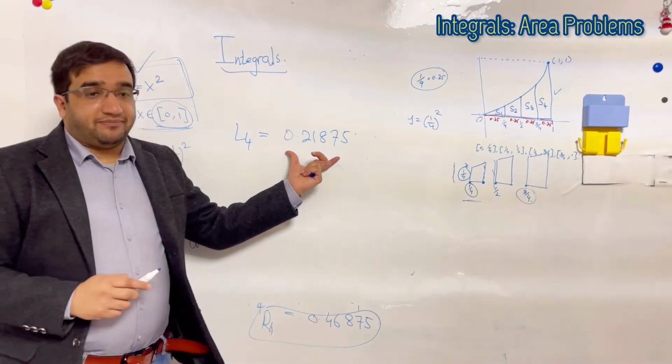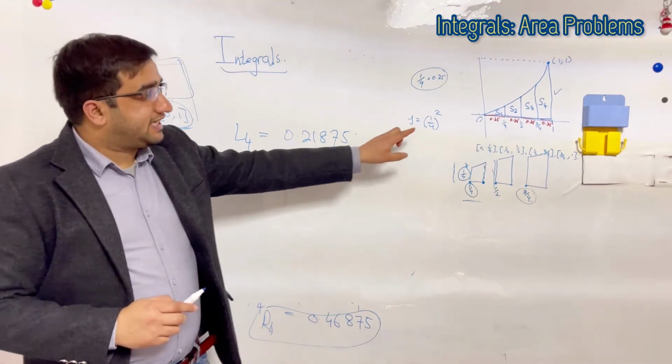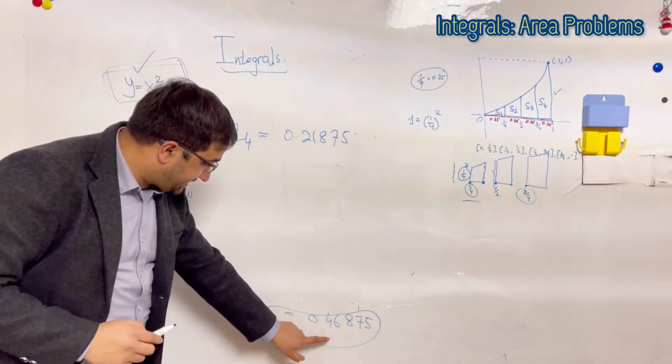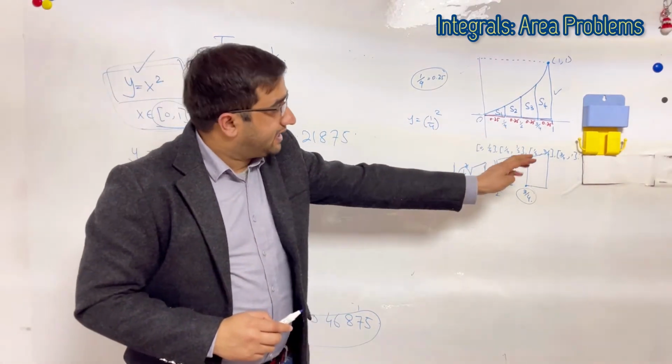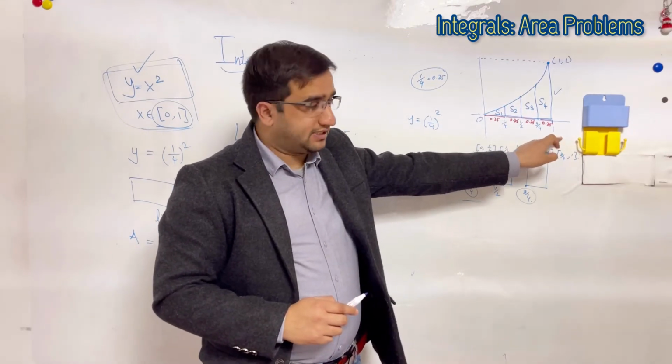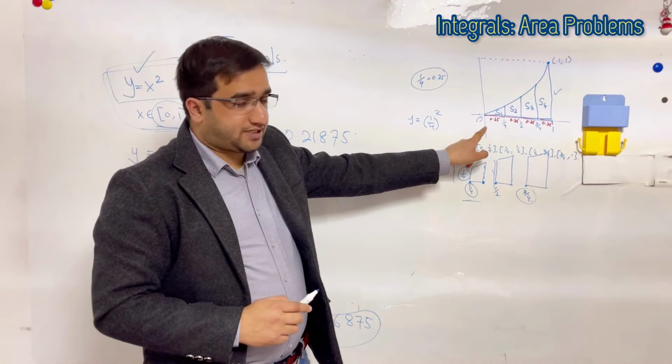Of course, this is the minimum value which an area can have, because I started from 0. And this is the maximum area this region can have, because I started from 1. From the right, I started from the maximum point; from the left, from the minimum point.